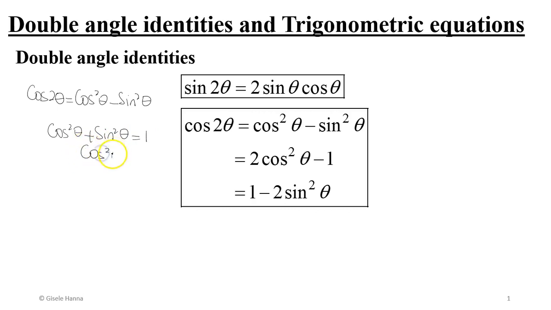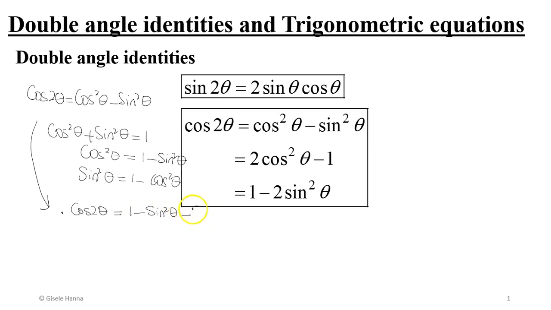Therefore, if we solve for cosine squared, it is 1 minus sine squared. And on the other hand, sine squared theta is also 1 minus cosine squared theta. So replacing in cosine 2 theta: if we start by replacing cosine squared by 1 minus sine squared, and then minus sine squared again, that leads to 1 minus 2 sine squared theta, which is the identity that we have here.